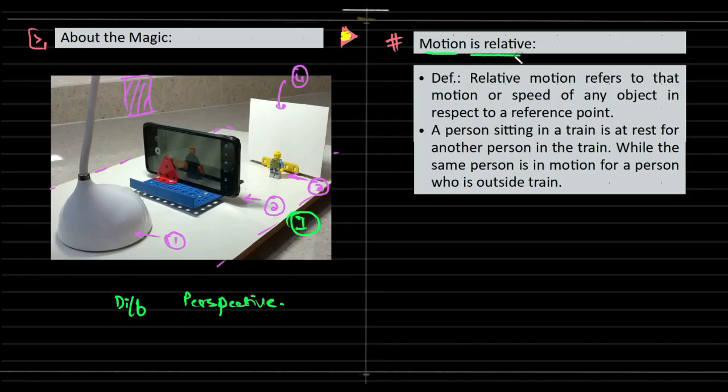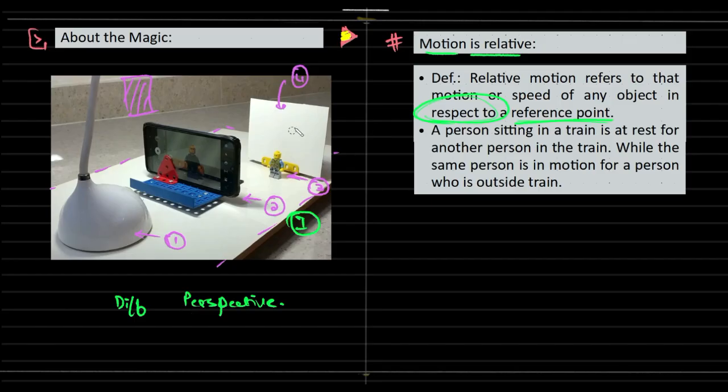The thing is, motion is relative. What does that mean? To define motion being relative, the relative motion refers to that motion or speed of an object in respect to a reference point. That's very important, in respect to a reference point. So to put it in this manner, with respect to this new background, the magician is at rest, right?